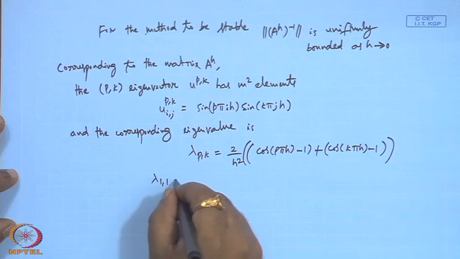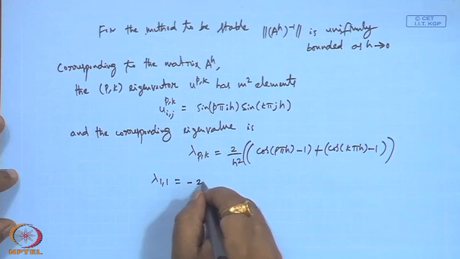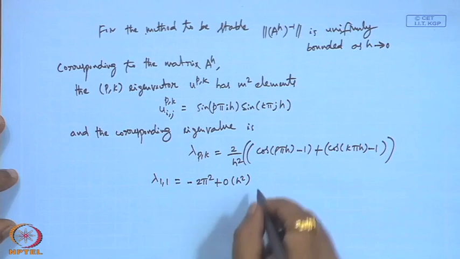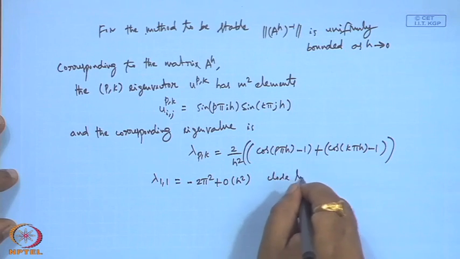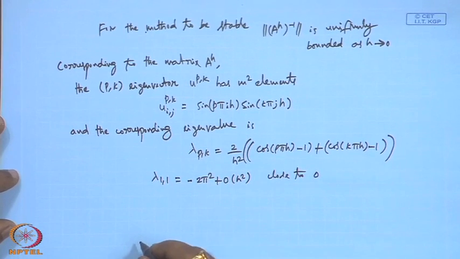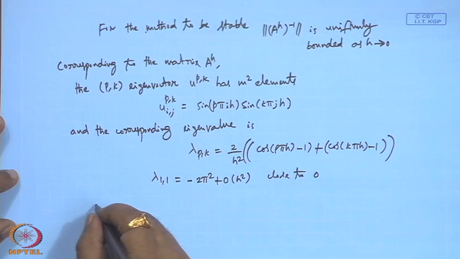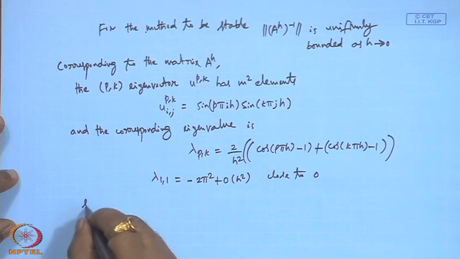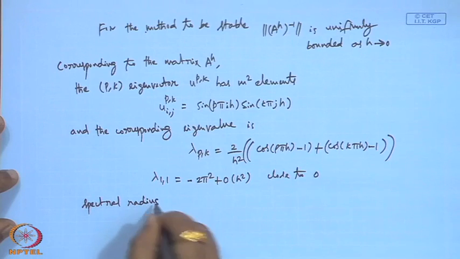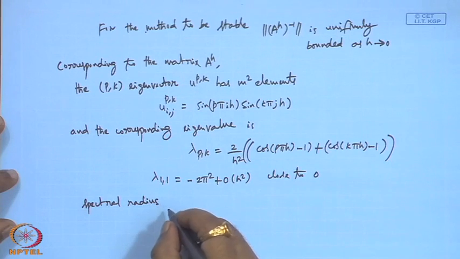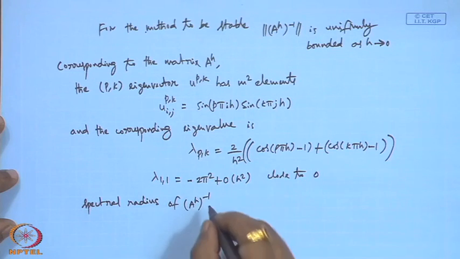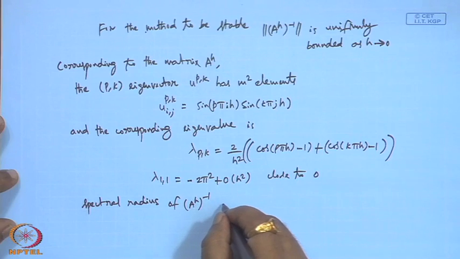So, lambda_{11}, for example, is this, which is close to 0, okay. And if you go for the spectral radius of this, we have this.